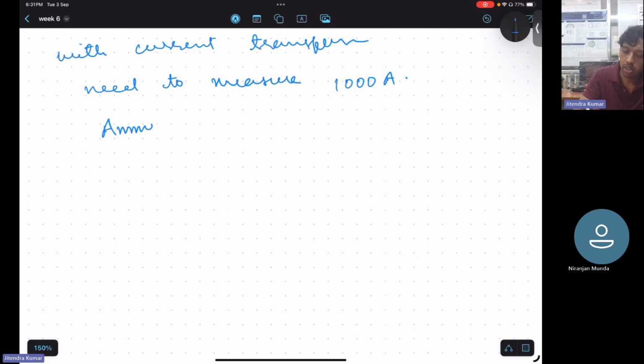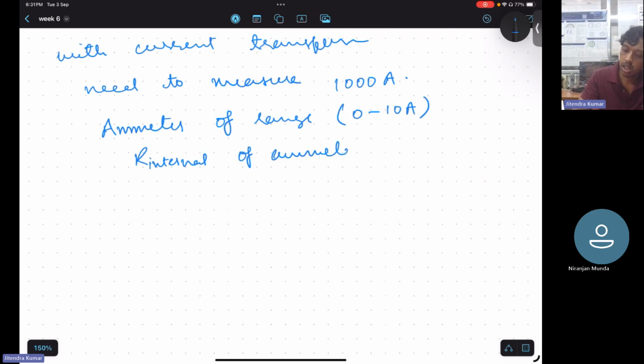We have an ammeter of range 0 to 10 ampere, and the internal resistance of the ammeter is again 10 ohm. Now we need to calculate the power loss while measuring 1000 ampere current.